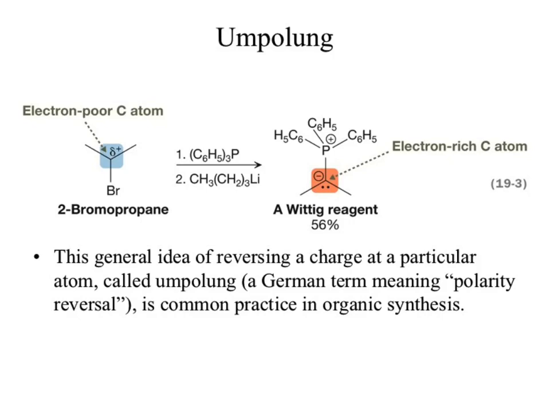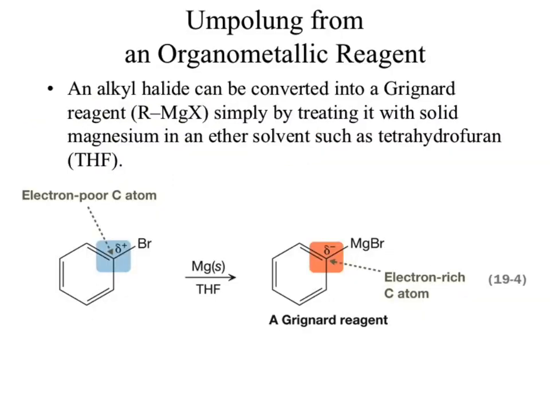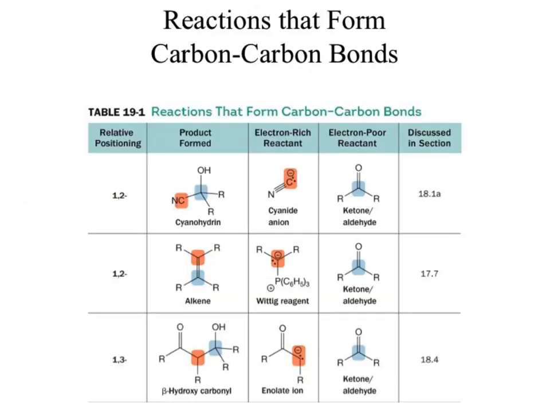The Wittig does the same thing. An alkyl halide becomes a negative carbon, that carbanion. Okay? We're just changing the polarity of our structure. So organometallics do this. Okay? The next part is they go through and summarize carbon-carbon bonds. Okay? Anything that forms carbon-carbon bonds. We saw this with the cyanohydrin.